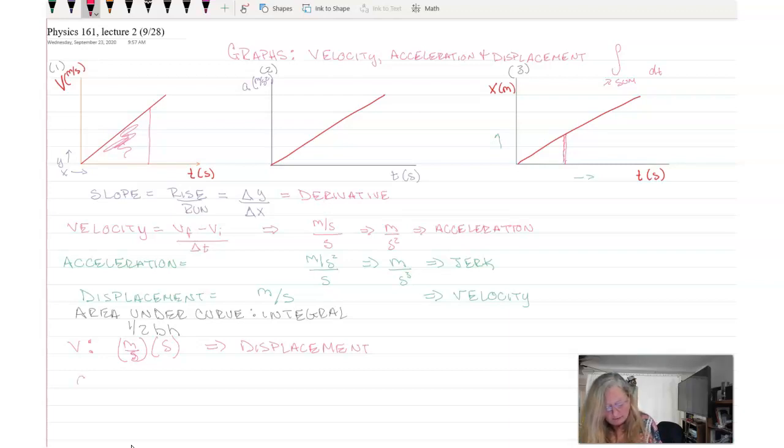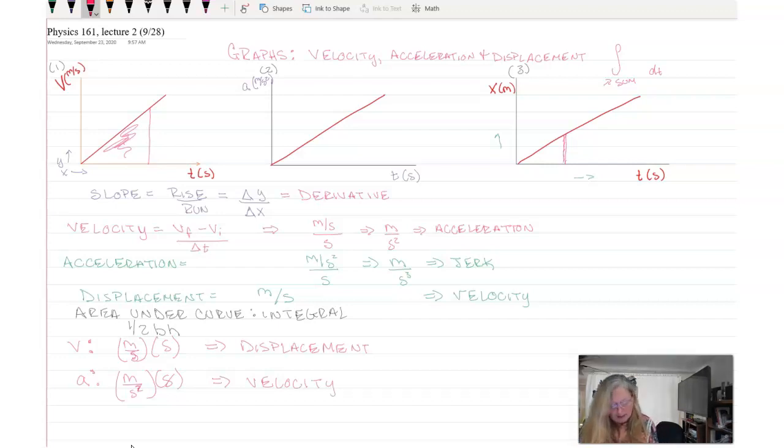If I integrate acceleration, I have meters per second squared times seconds. Well, one of those seconds cancels out, and that gives me velocity. So the integral of an acceleration function is velocity.